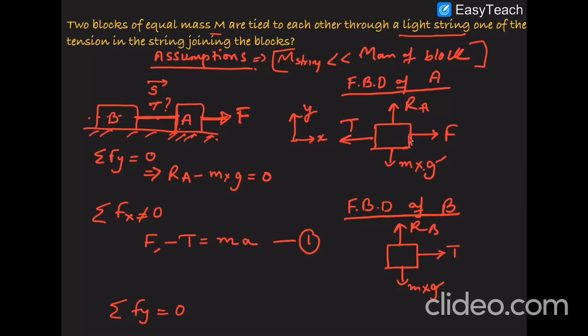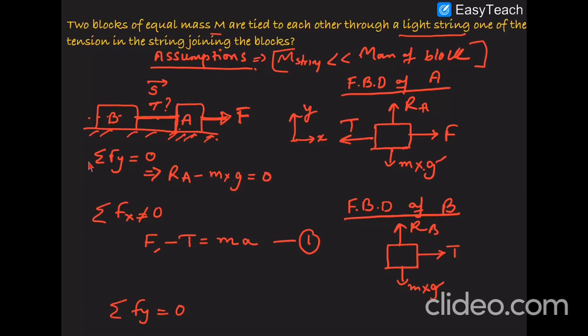Similarly, it has some mass, so due to gravity this mg will be acting downward, and you know that it is fixed in space. It is not going up and down, so the force is balanced. So definitely there will be some reaction force by this tabletop or maybe that floor, which is balancing this mg, and that will be Ra.